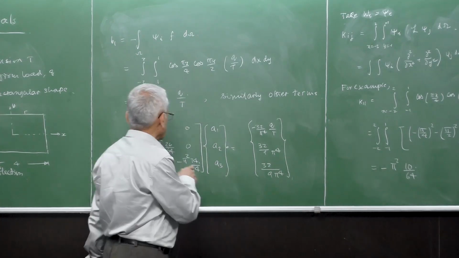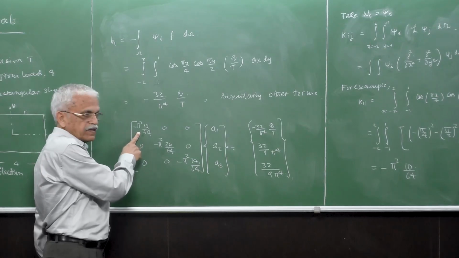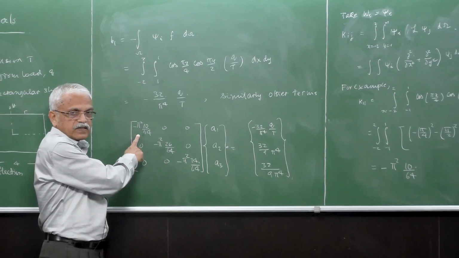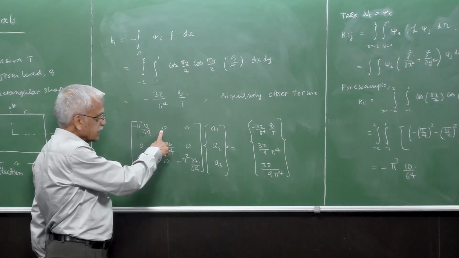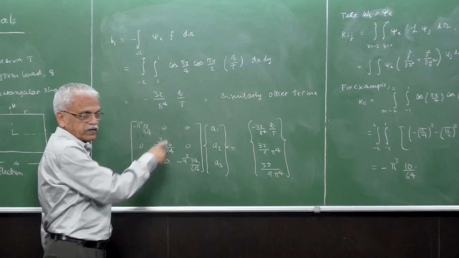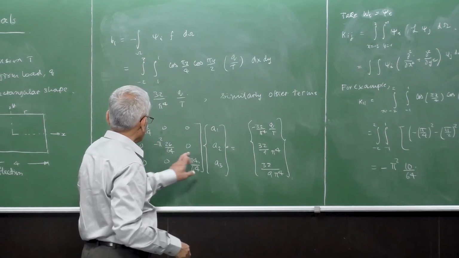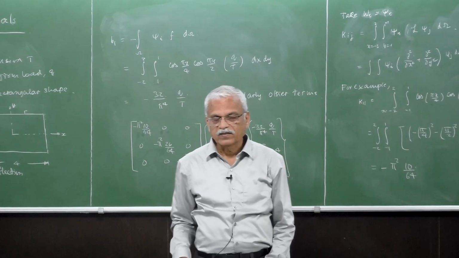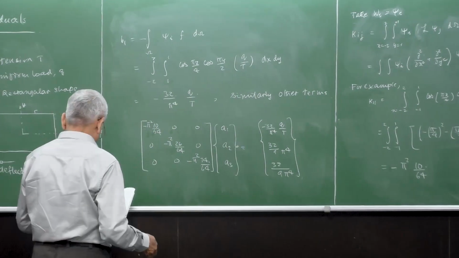So A11, where we use the weighting function psi1 as well as the trial function psi1, will be non-zero. Whereas this corresponds to weighting function psi1 and trial function psi2, and such terms all turned out to be 0. This is similar to your Fourier expansions.